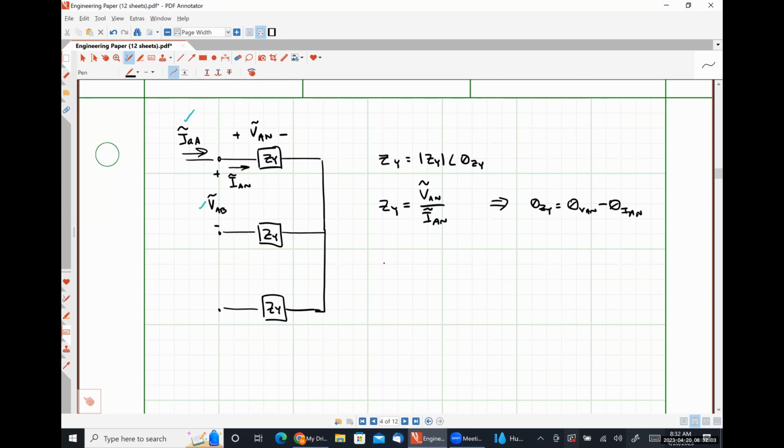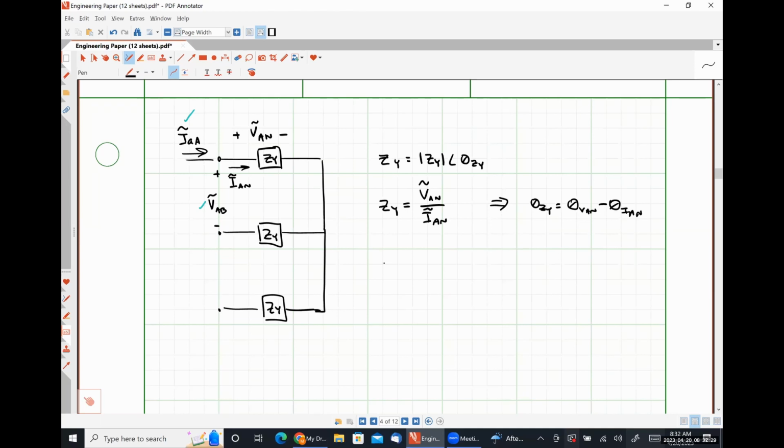How is the line current IAA related to IAN? Look at the diagram. For this Y connected load, how are IAA and IAN related?